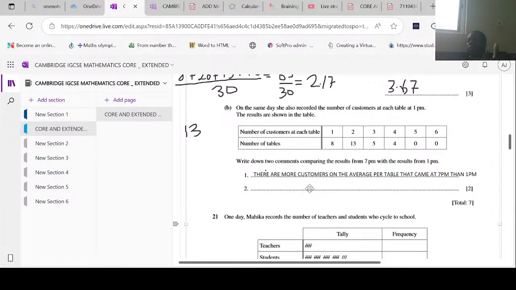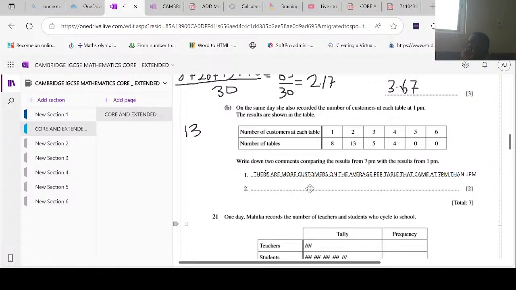So by 1 p.m., the range was higher. At 7 p.m., the range was lower. So what can we say about the two? Remember, in this context, it is the number of customers. For the previous example I talked about, what was the context? The score in the test.